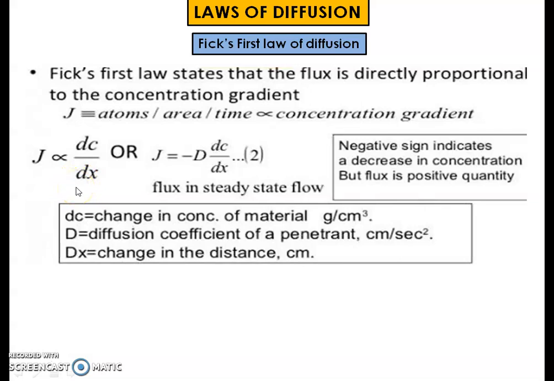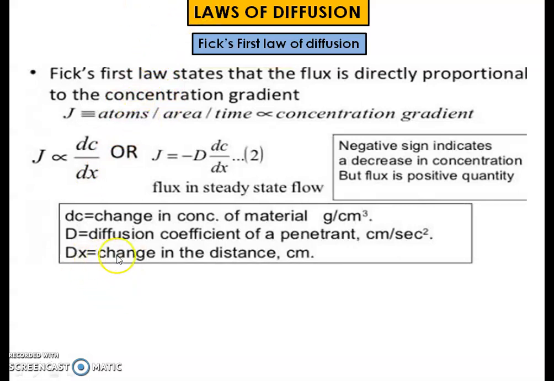Suppose in the earlier example we added a drop of ink in a glass of water. In a few minutes it will disperse in the glass, but if we add the same drop to a 500 liter barrel of water, it will take more time to distribute or diffuse that ink drop in the liquid.